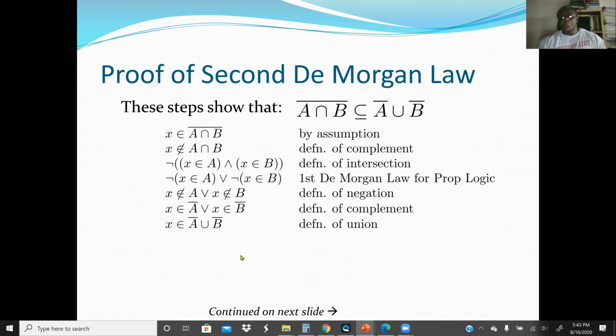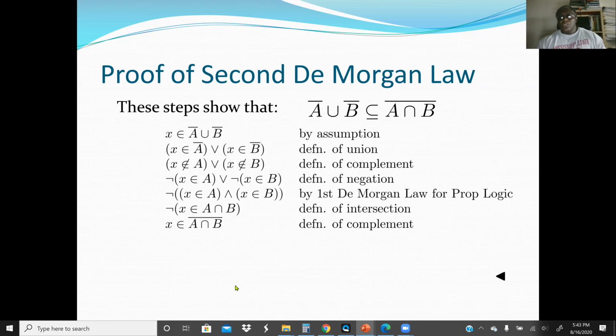And so this is a second example. We have A invert union B invert is a subset of, or the same as, A intersect B invert.